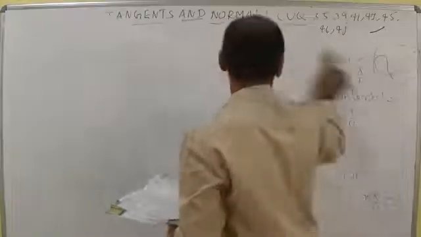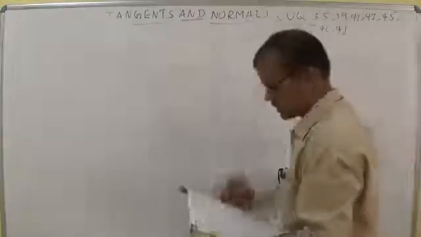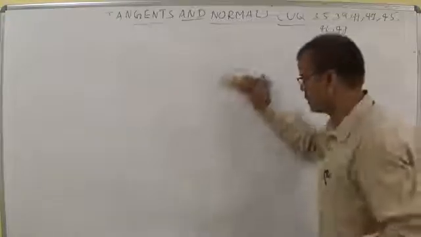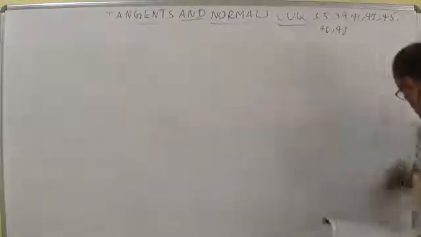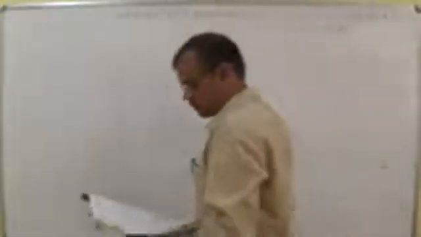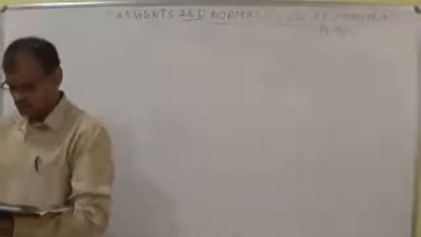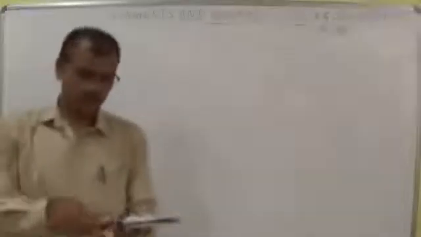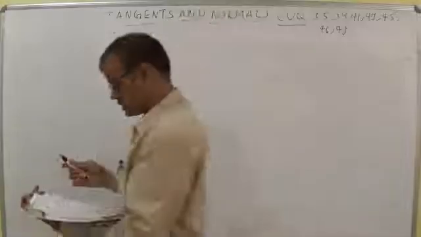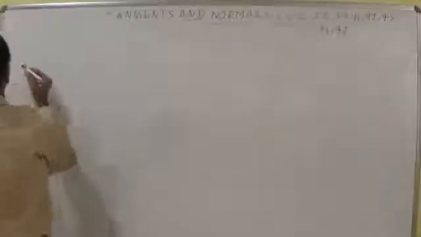46th question: the curves y = e power minus ax sin bx and y = e power minus ax touch each other at the points for which bx is asked. The first curve is y = e power minus ax into sin bx.